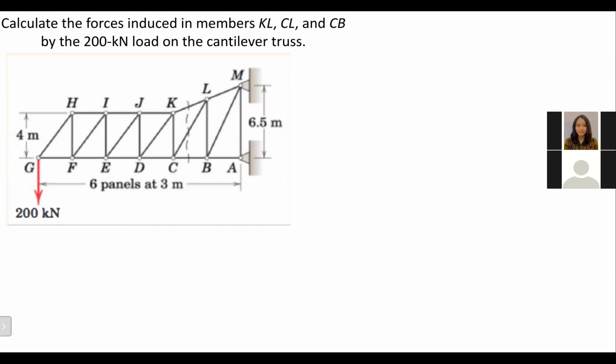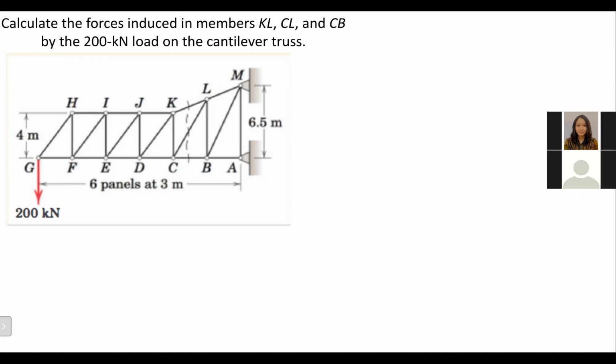Can anyone here find zero force member in this particular problem? Please help Fasa to answer my question before. No. Oh yes, Fasa. I cannot find any. Yes, of course you cannot find because there is no zero force member here. Okay, so there is no zero force member.